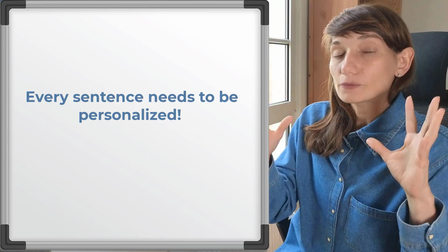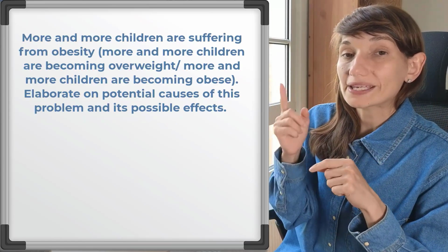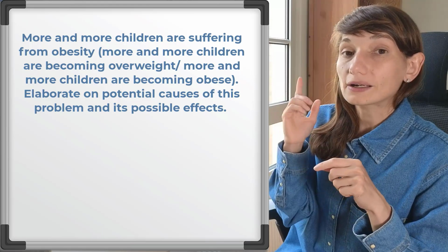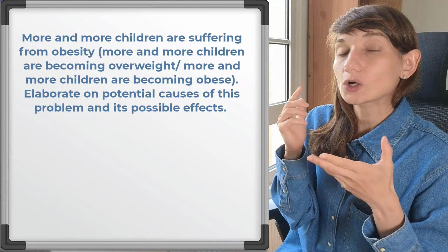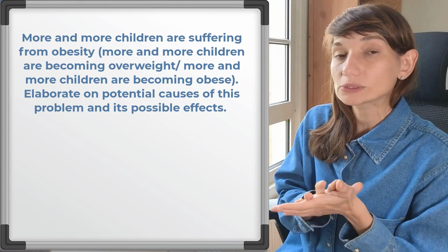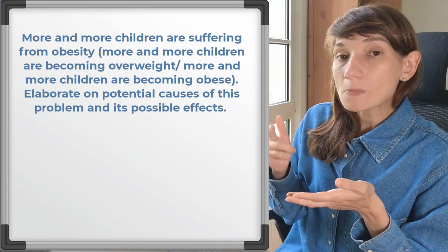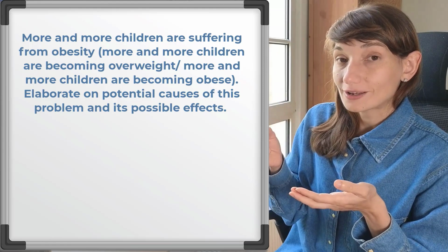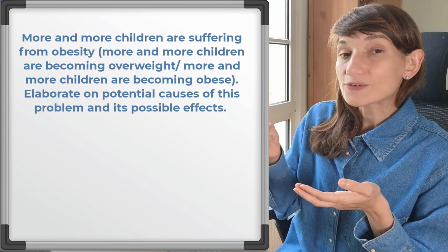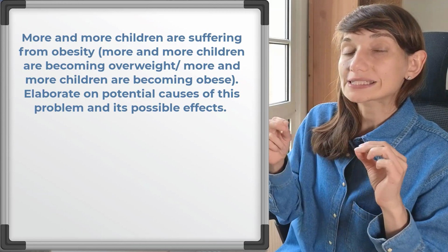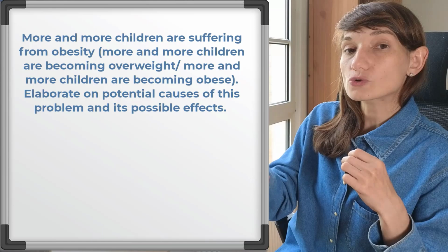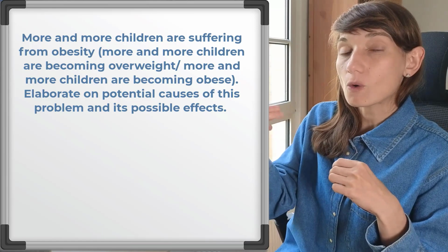So let's take this topic. It's a very common topic. Many of my students report having it on the exam, so we will take it. More and more children are suffering from obesity. You can often see also more and more children are becoming overweight.